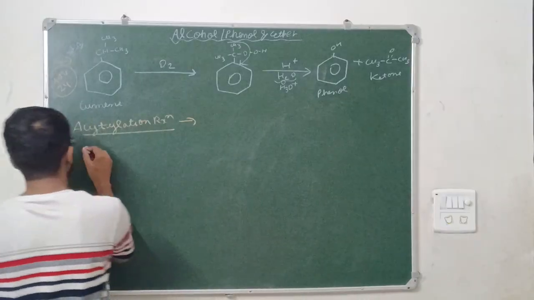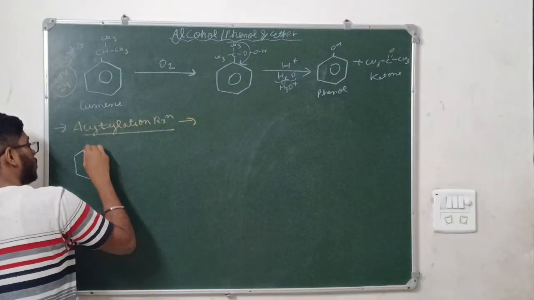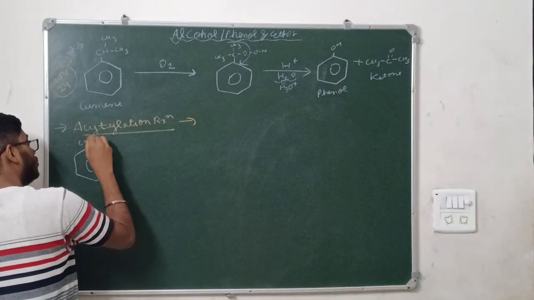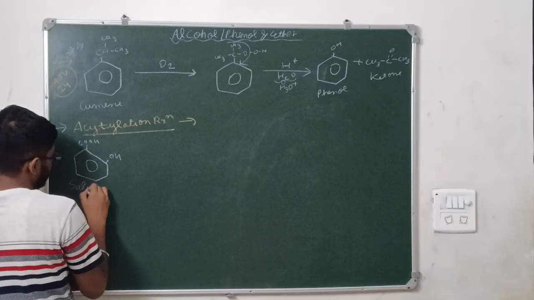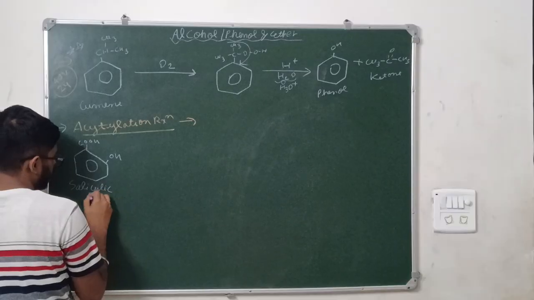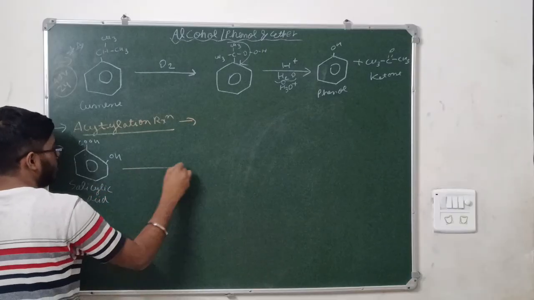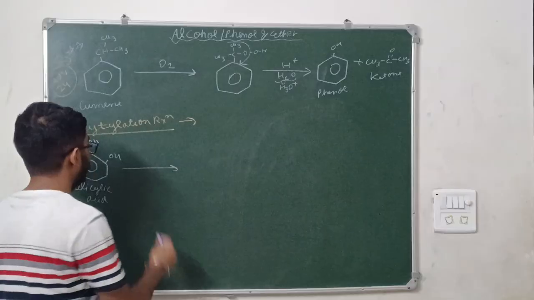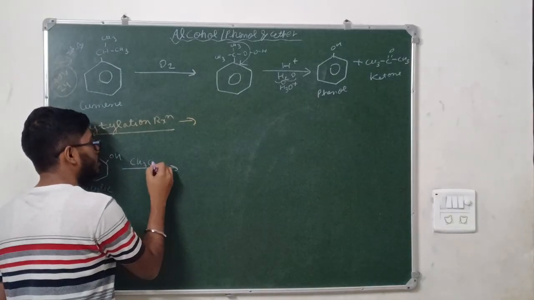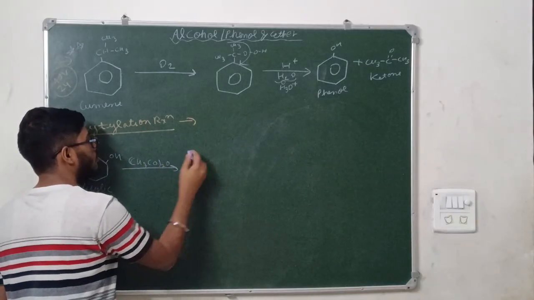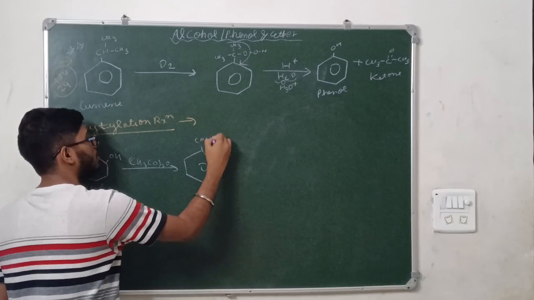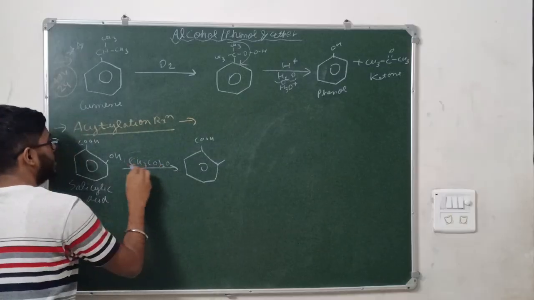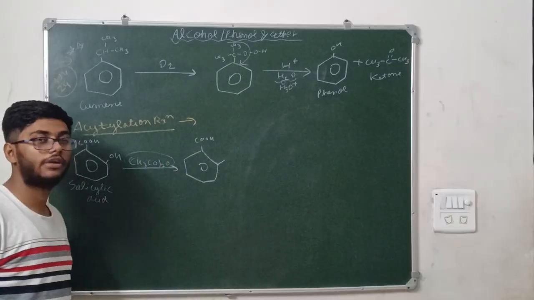Okay, so what do we have to do? We have to take this, COOH and OH. This is salicylic acid. Now what have you done? You have reacted this with acetic anhydride, that is (CH3CO) whole twice O. So what does the product look like? This will make this, and you know that it attacks the more acidic hydrogen.